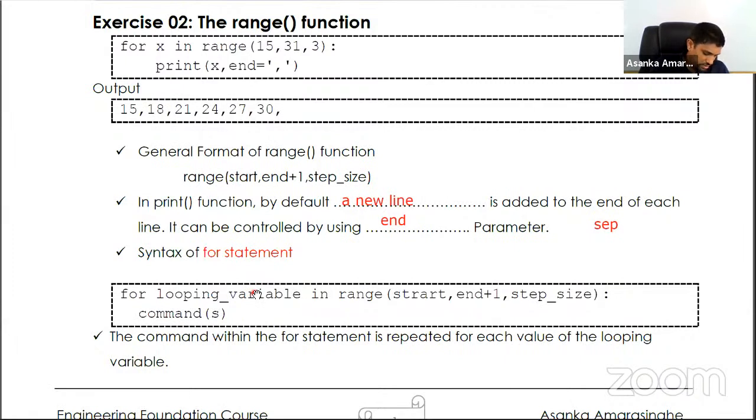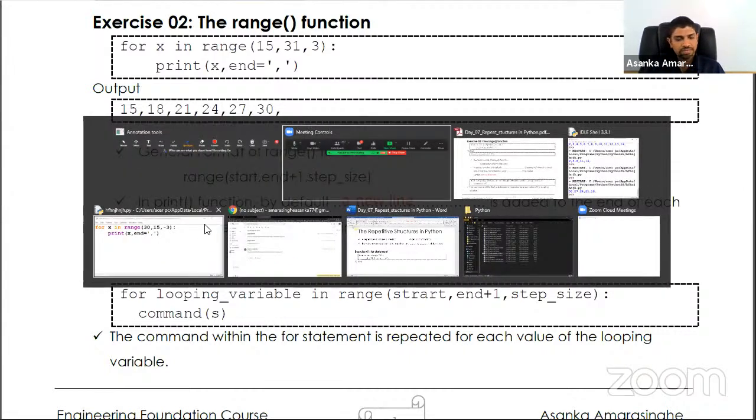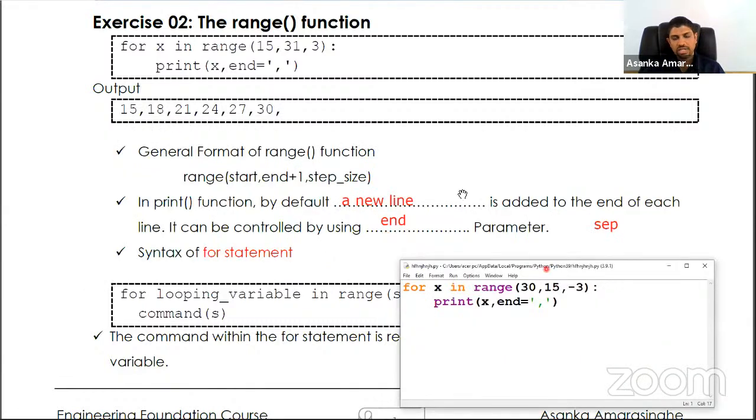හරි? Okay, I will give you another example here, a different approach. Normally it's common practice to use the range function with the for statement, but there are some other ways I will explain.